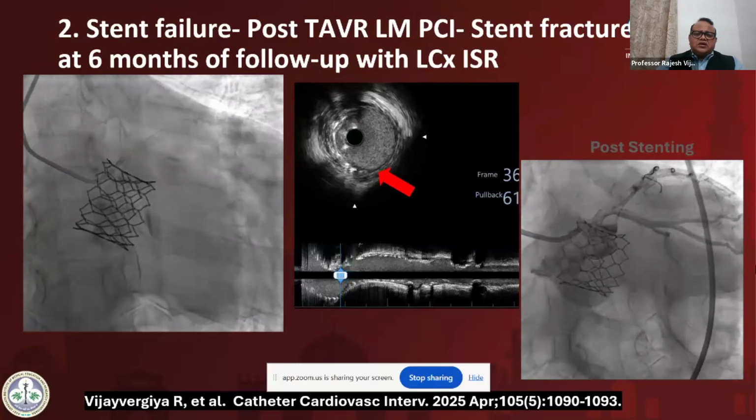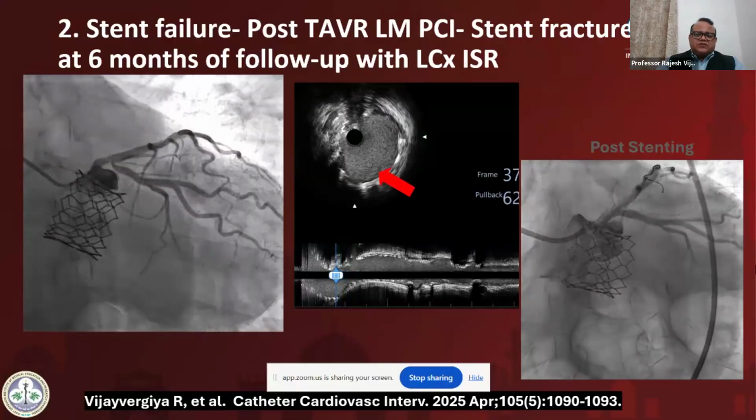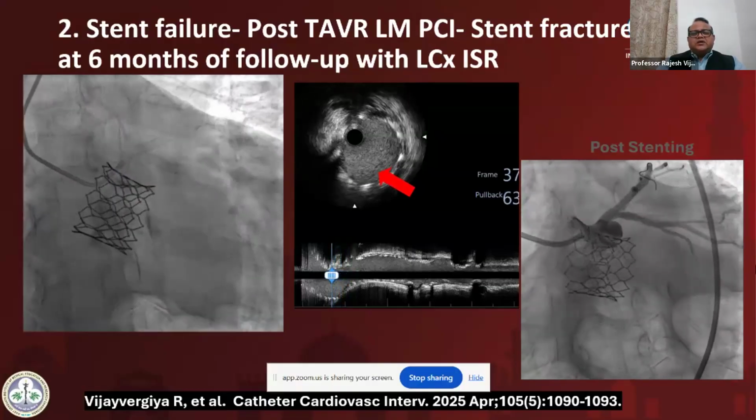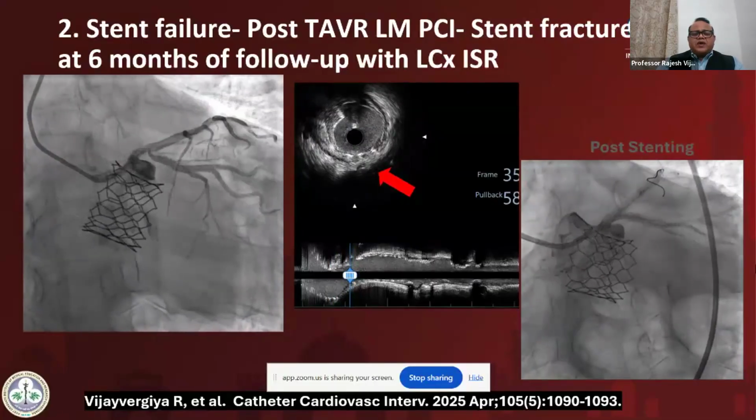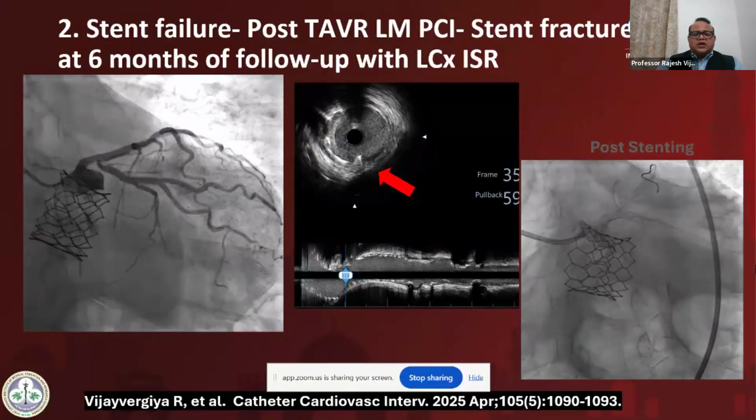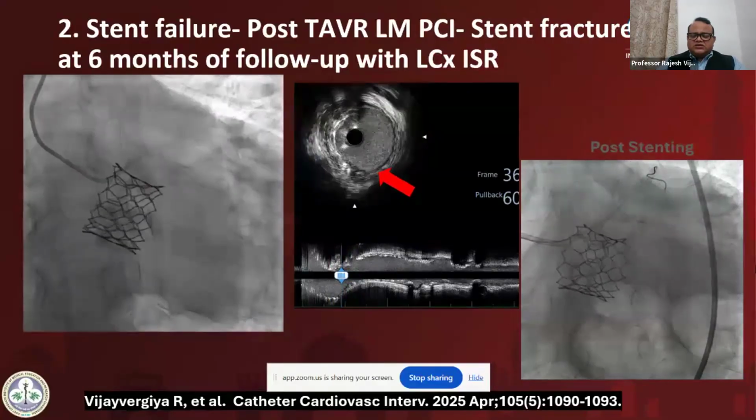You can appreciate part of the stent is not there from 12 o'clock to 5 o'clock in this IVUS run, and it got crumpled on the other side.